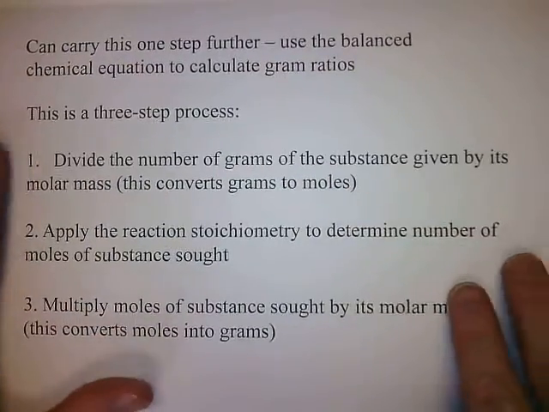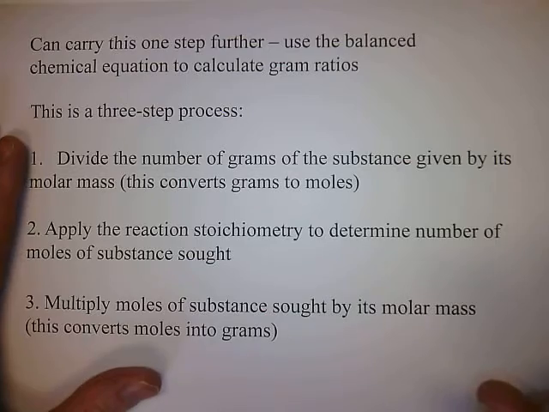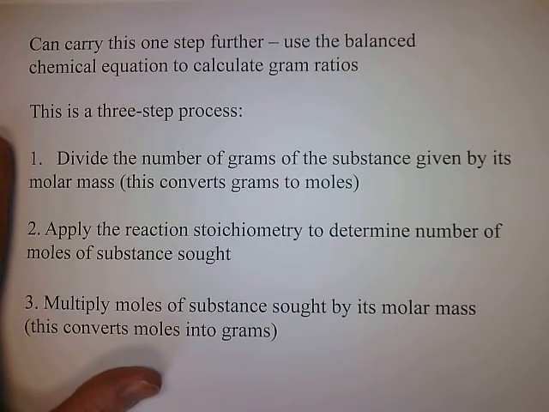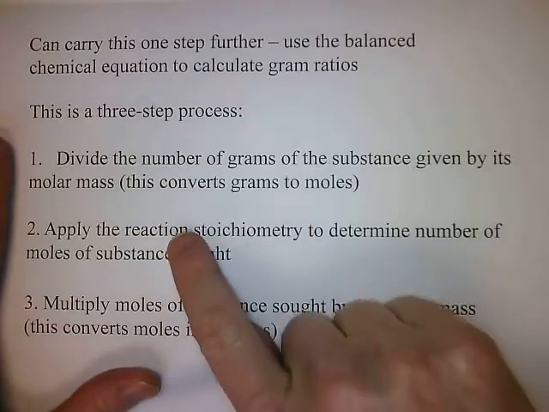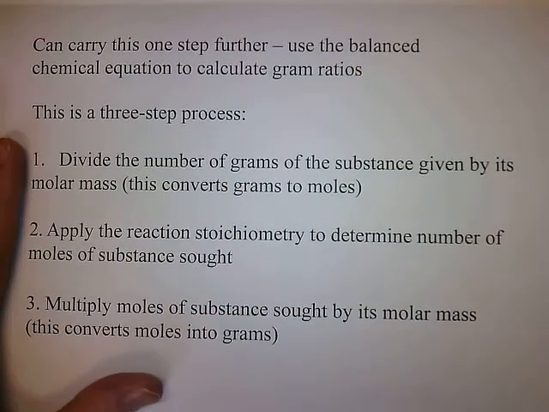Okay, so this is a 3-step process after you balance the equation. You divide the number of grams by its molar mass. This converts grams into moles. Dividing mass by molar mass gives you moles. So we're going to go grams to moles.